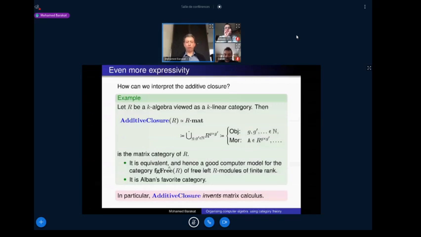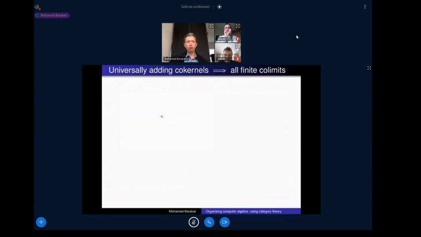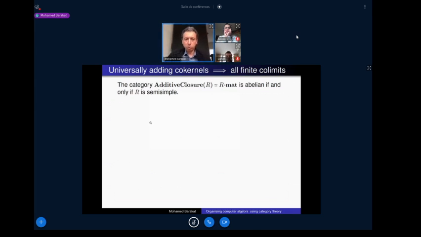So now, through the expressivity of category theory, we have a model for the finitely generated free modules. But actually, we would like to see more. So we would like to universally add co-kernels, and even better, all finite co-limits. So the additive closure of R, which is nothing but the category of matrices, is abelian if and only if the ring R is semi-simple.